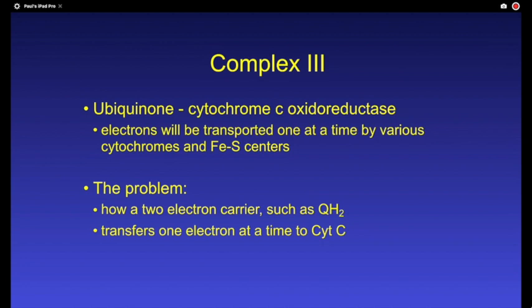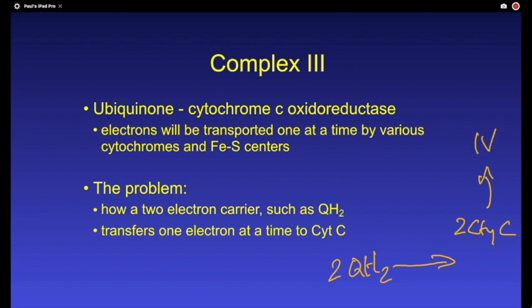So what's going to happen is, overall, I am going to bring two QH2s to the party. I'm going to give it to complex 3. I will create 2 cytochrome Cs to go on to complex 4. Plus, I will make 1 QH2 regenerated.